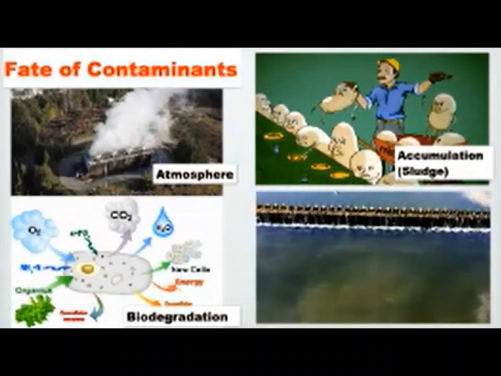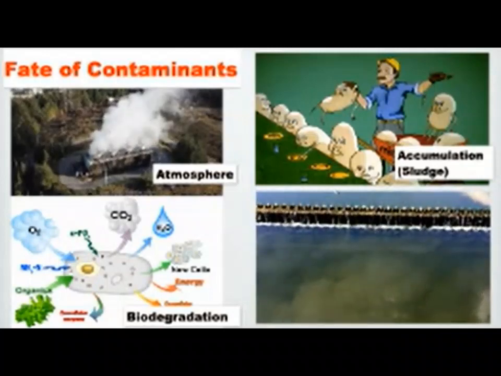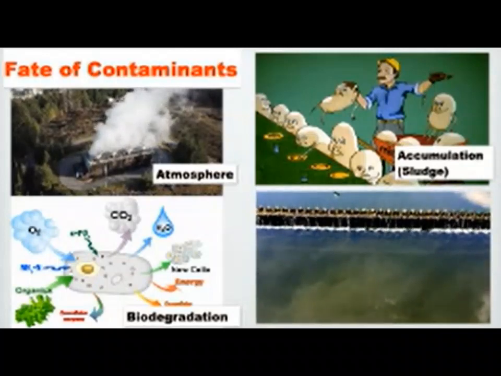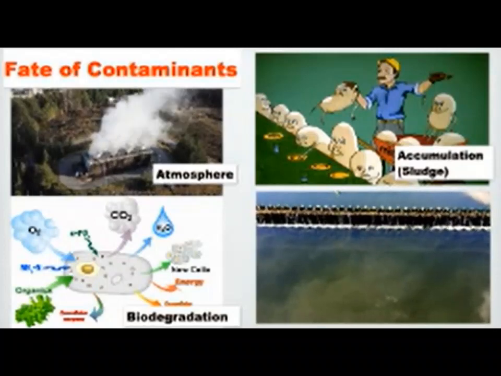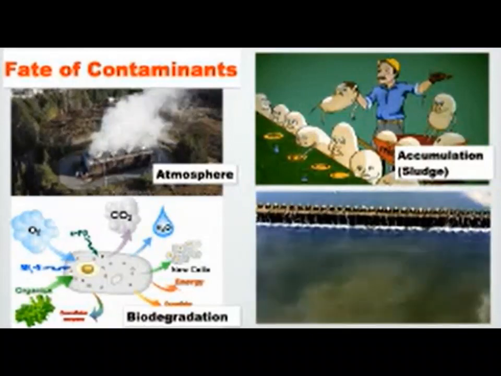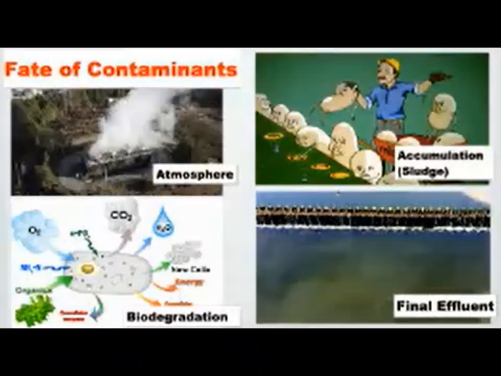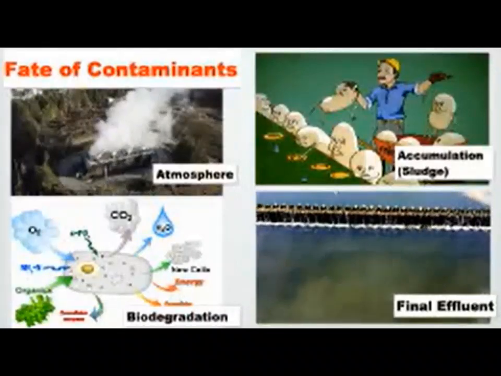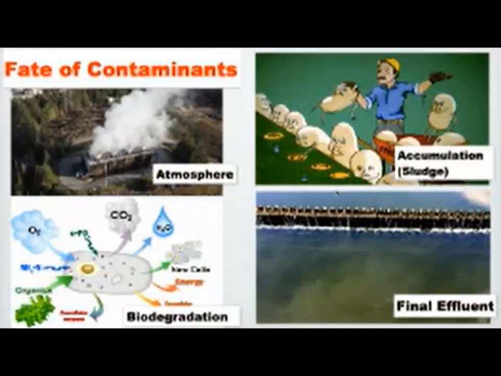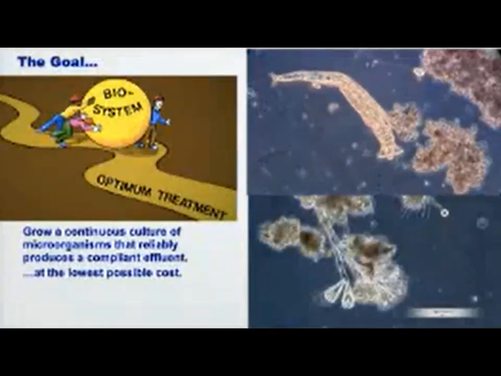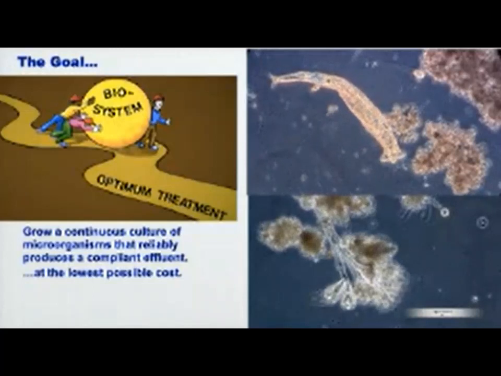We're not transforming, we're at least absorbing or bioabsorbing and moving on through solids handling, okay? All right, so whatever doesn't strip to the atmosphere, gets stuck into the sludge and degraded, or sent off to solids handling and removed that way, ends up in the final effluent. And this is where our permit holds us accountable, right? So that's the fate and transport of the contaminants that we're designing this course to teach.